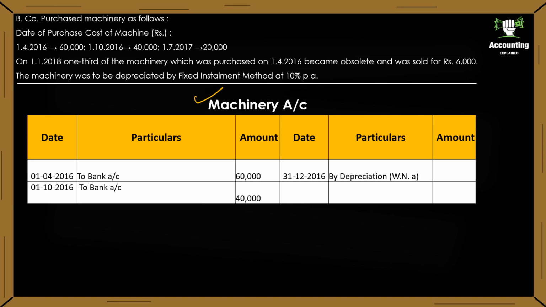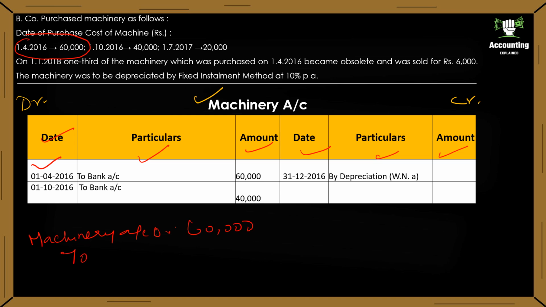This is the machinery account, and on the left side is the debit and the right side is the credit. We have 6 columns here: date, particulars, amount, date, particulars, amount. In the sum, on 1/4/2016, we have bought the machinery for 60,000 rupees. So on 1/4/2016, the journal entry for buying machinery is, an asset has to be debited by 60,000 rupees.